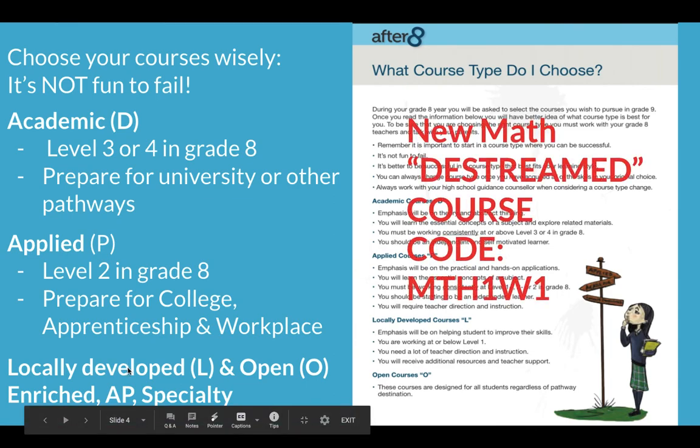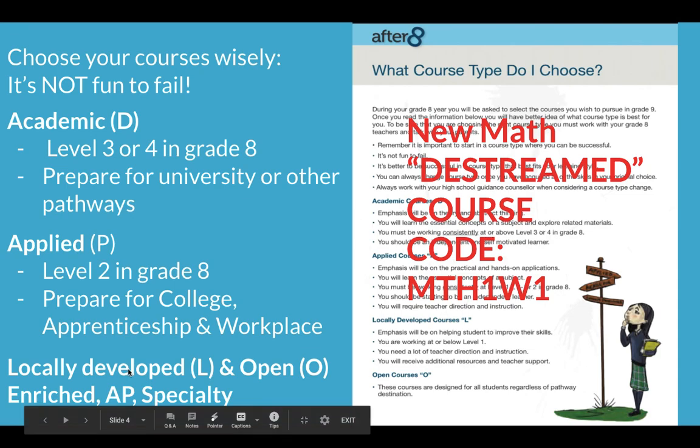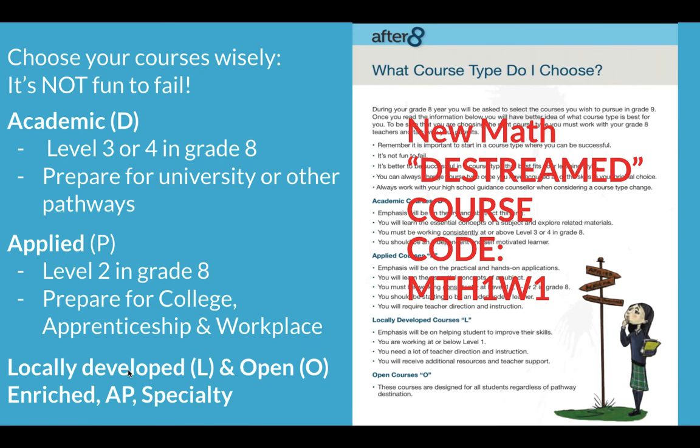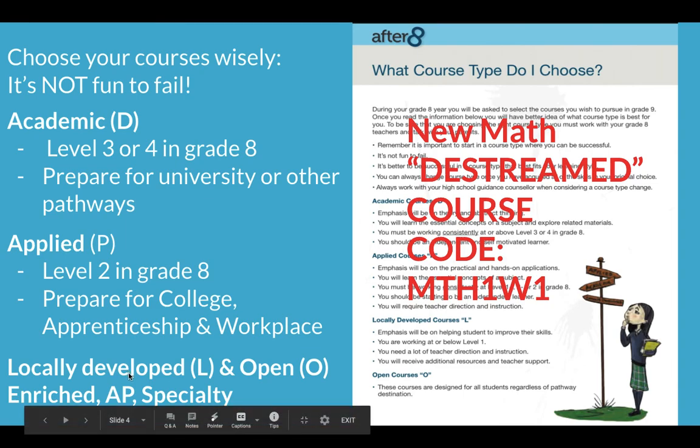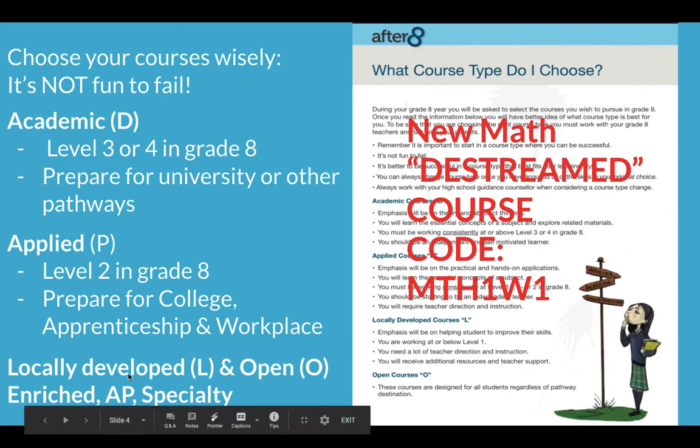New to grade 9 for you is that math is now de-streamed. And what that means is you are not choosing a grade 9 applied or grade 9 academic course. I'm going to say that one more time. For grade 9, you are not choosing a grade 9 academic or grade 9 applied math course. Applied and academic will now be taken together in grade 9.